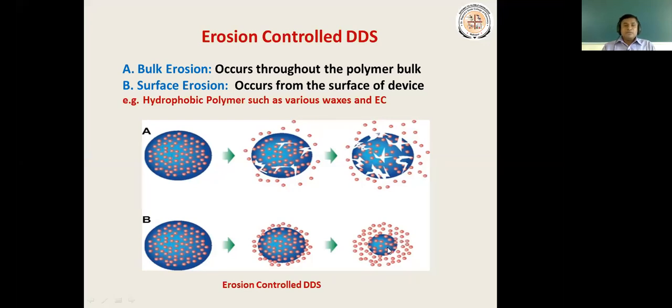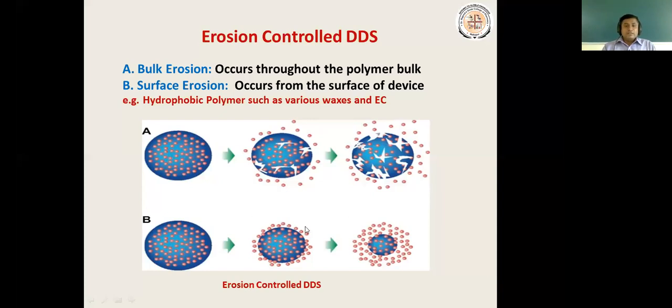This type is also called heterogeneous erosion, because the erosion is not the same at the surface as at the center.